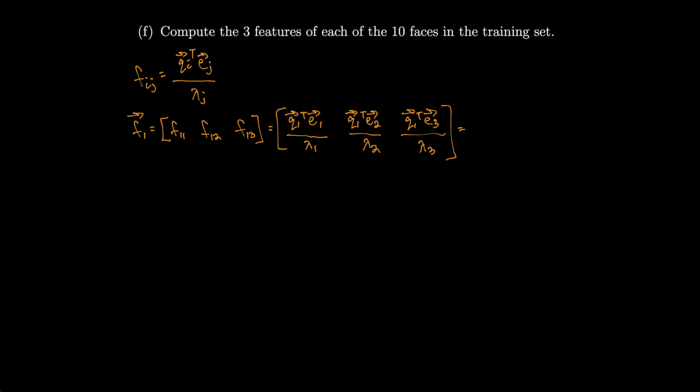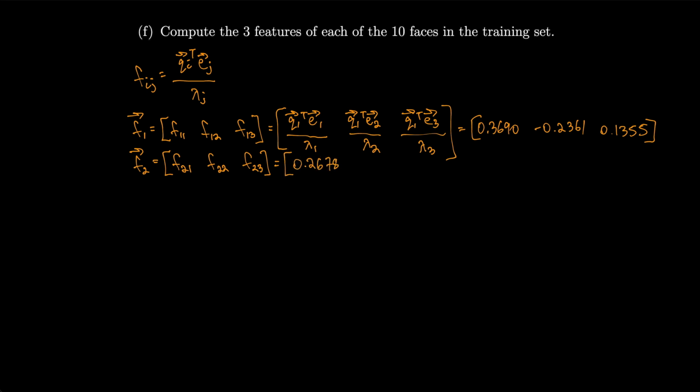So we get 0.3690, negative 0.2361, 0.1355. And we just keep doing this. So for F2, we'll take F21, F22, and F23 and put them together and get 0.2678, negative 0.2460, negative 0.0978.